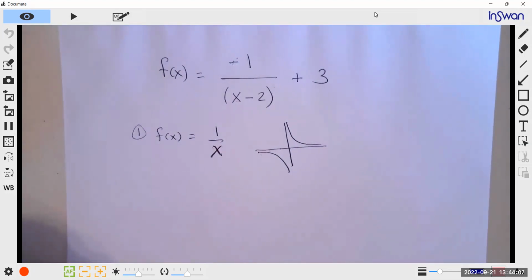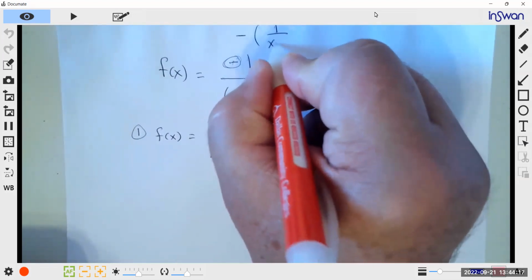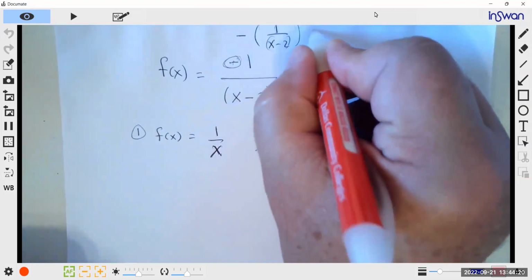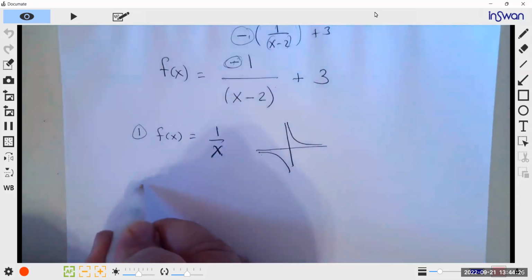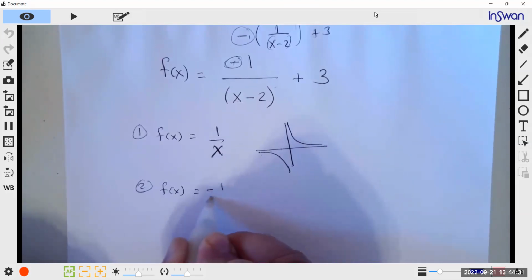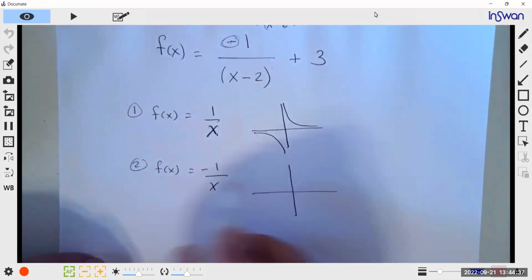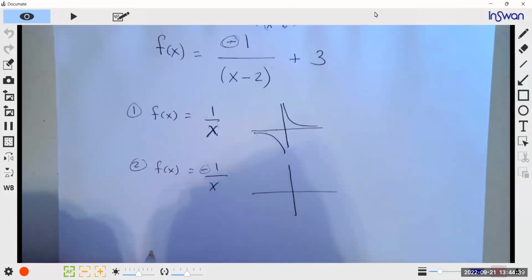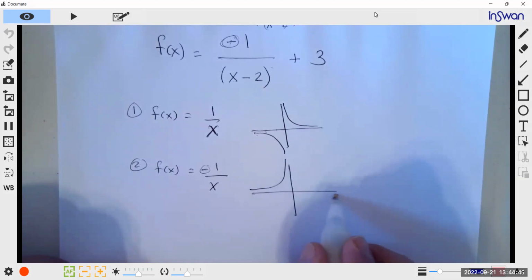All right, so let's look at the first thing. That is our a value, because this equation could look like -1 times 1 over x minus 2 plus 3. So this is our a. A is -1. Now, what that does, since it changes the whole answer to negative, means all my negative answers are now positive, and all my positive answers are now negative.